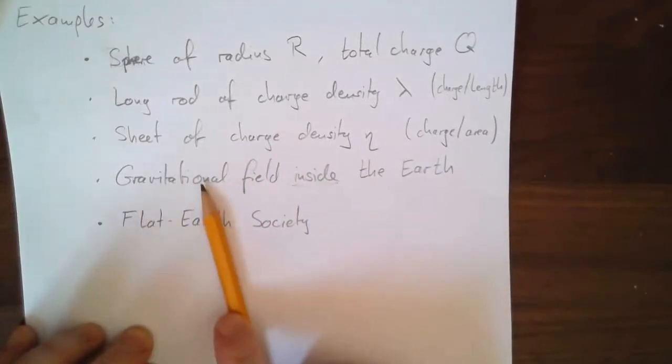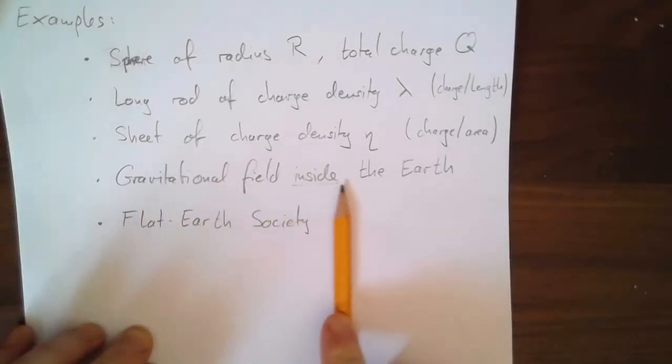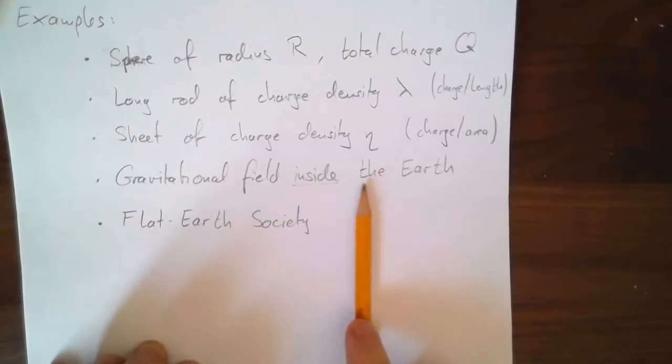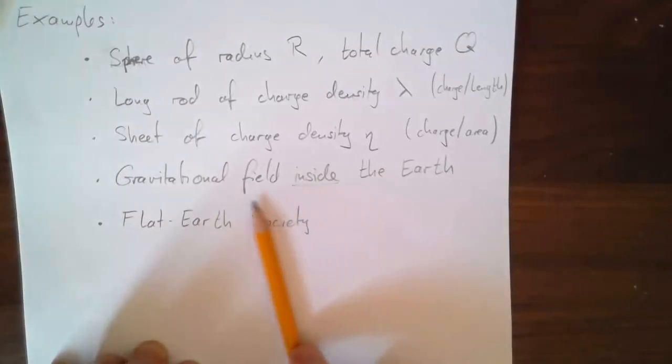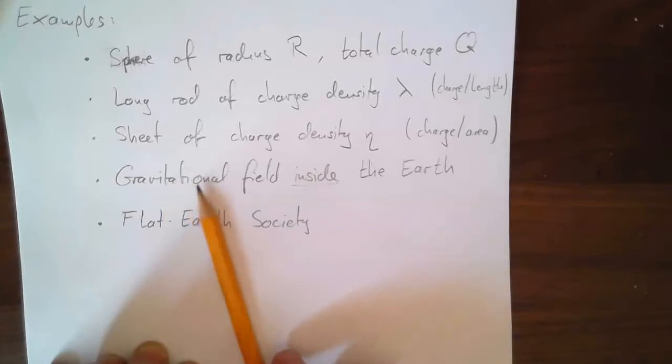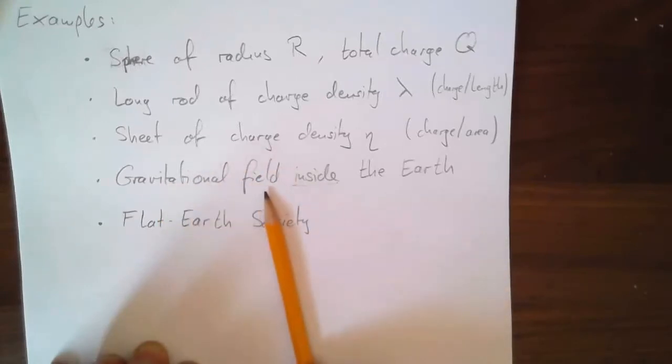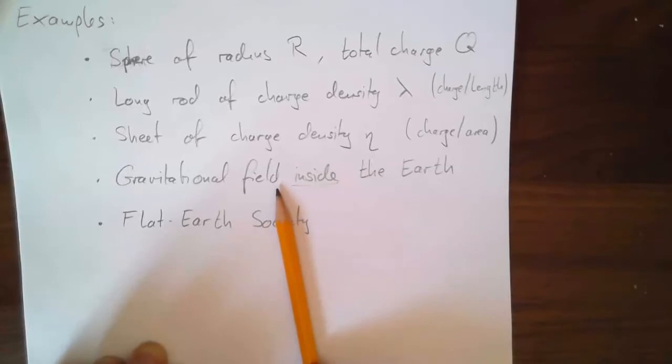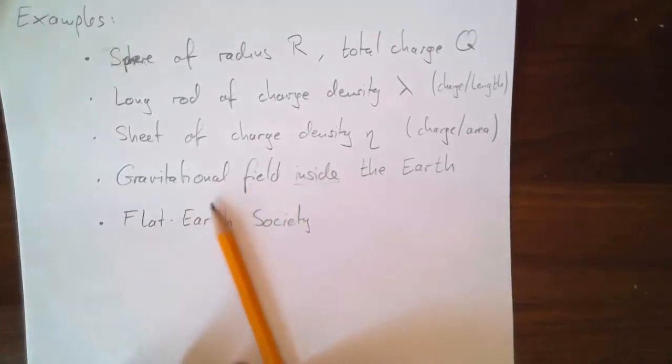We're talking about the gravitational field inside the Earth. Now, we could do an analogous calculation for a ball of charge where the charge is spread out not over the surface, but over the whole volume. But I want to do a gravitational field instead to show you that analogy between Newton's law of gravity and electrostatics.